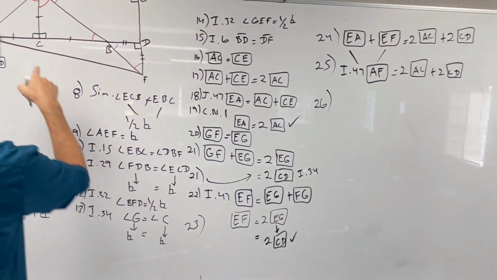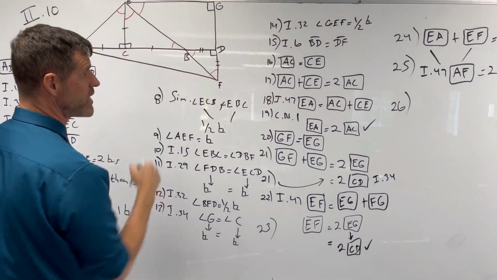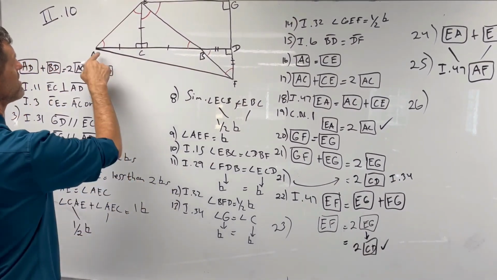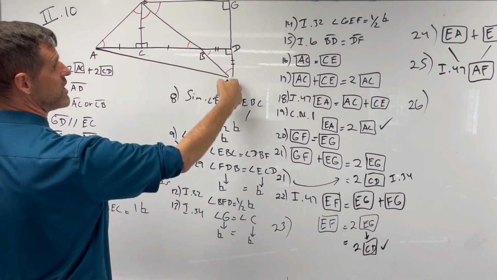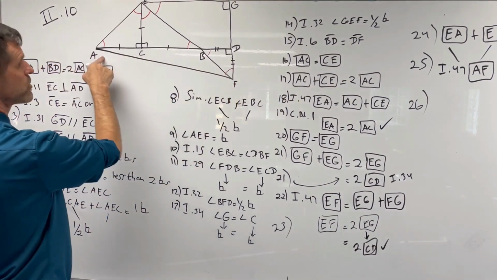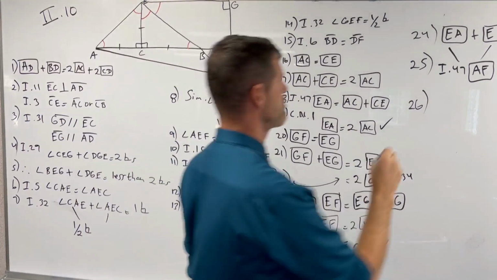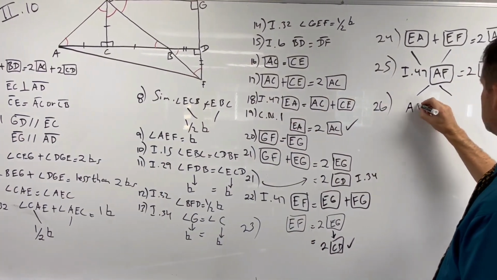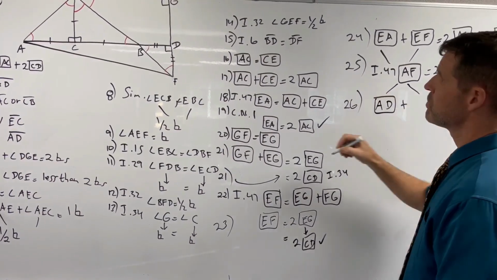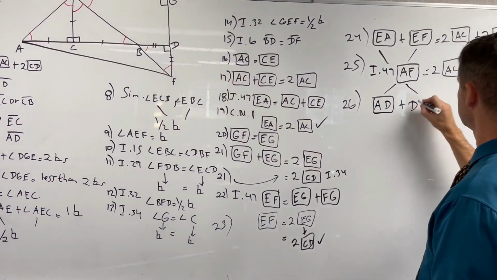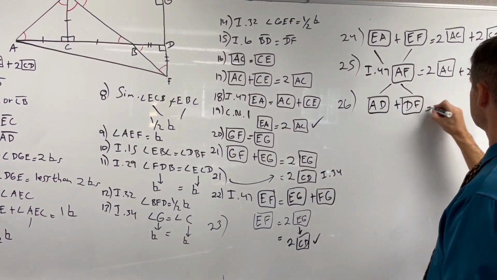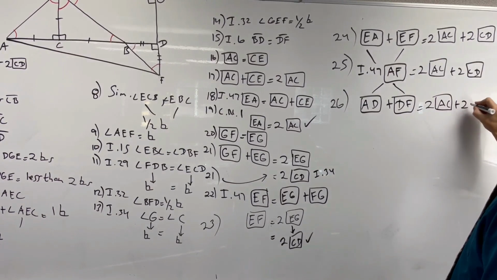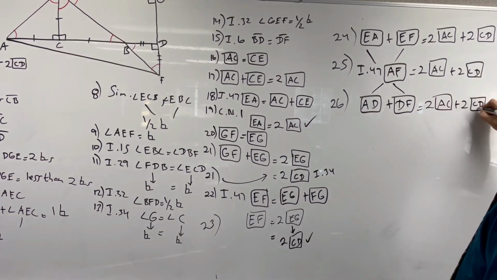But we know that the triangle ADF is a right triangle, and therefore we can apply Proposition 47 again. And we can say that the square on AD plus the square on DF is equal to the square on AF. So I'm going to replace AF with AD squared plus DF squared, equaling twice the square on AC plus twice the square on CD.